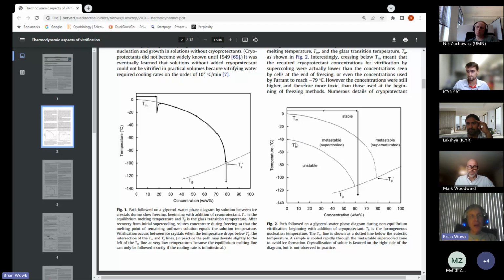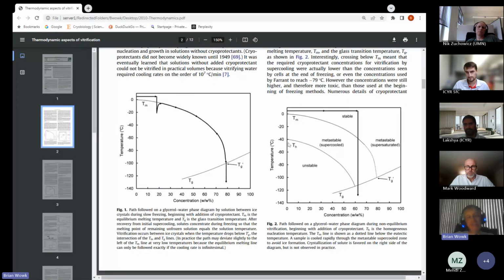Now, things get a bit more complicated once you have cryoprotectants involved in the mix, and there's a kind of empirical relationship. In pure water, the homogeneous nucleation temperature works out to be minus 40. And by the way, there's a bit of randomness in this too. People have done studies with emulsions, which is how you study homogeneous nucleation.